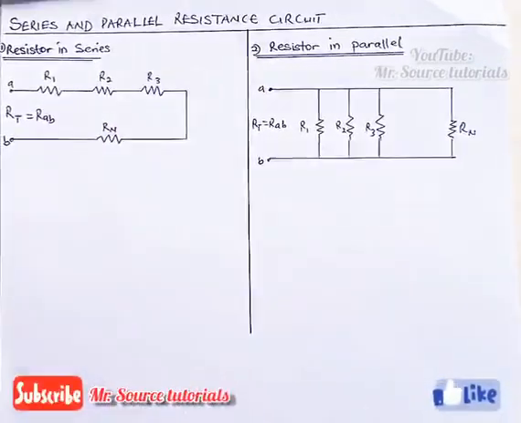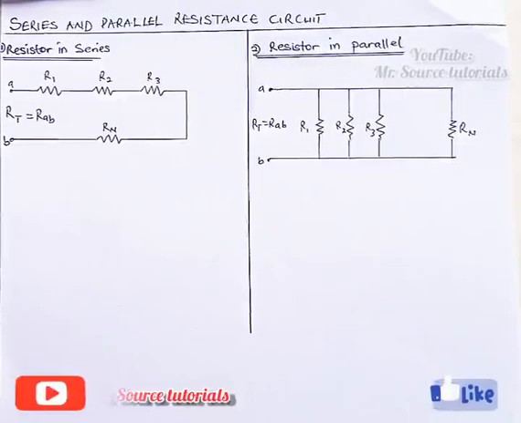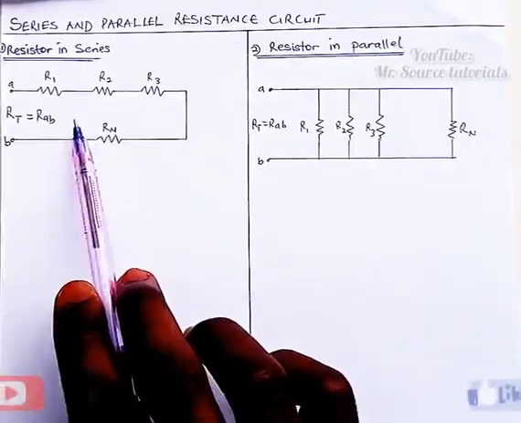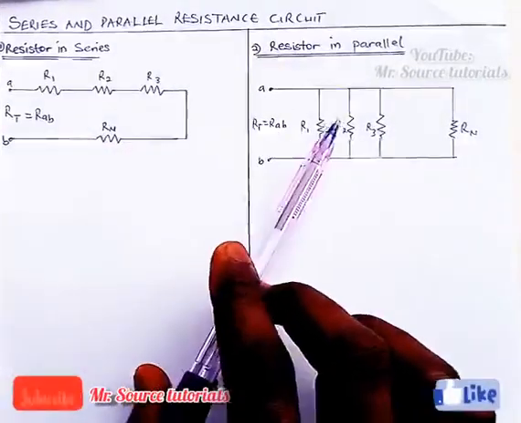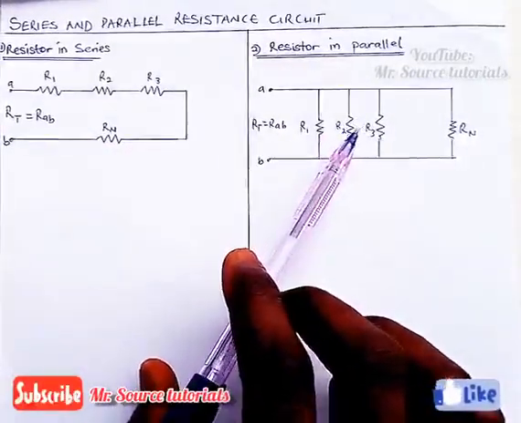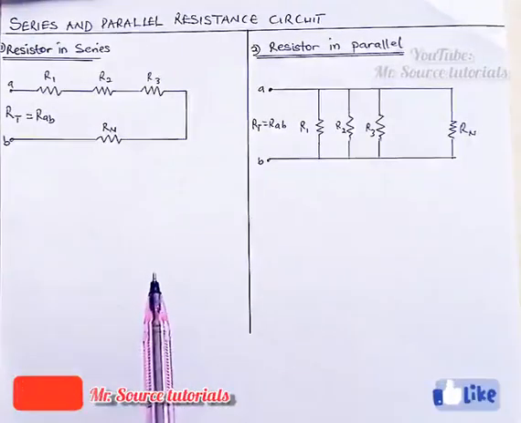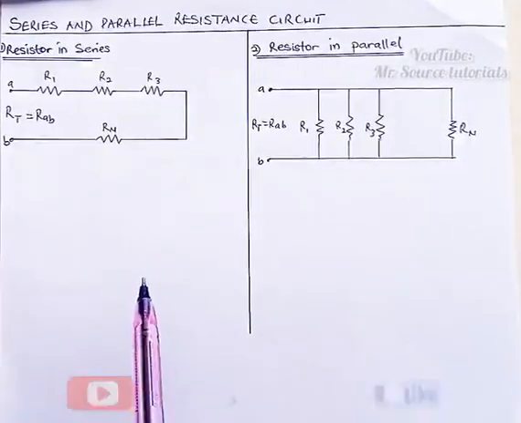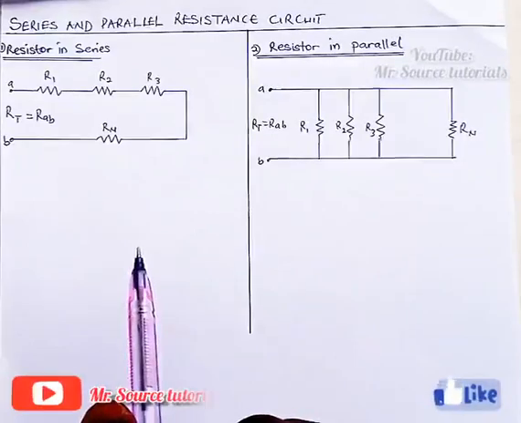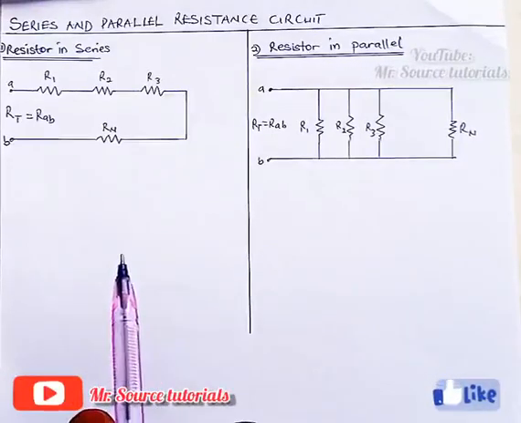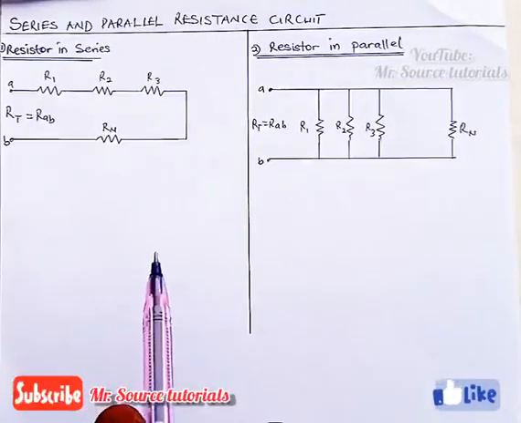Most students have problems solving and identifying series and parallel resistances in a circuit. At the end of this video, such problems will be solved, as we will take time to analyze and explain each step.